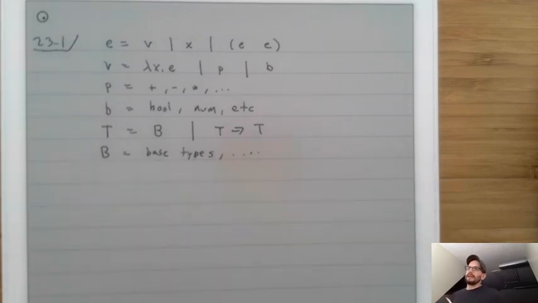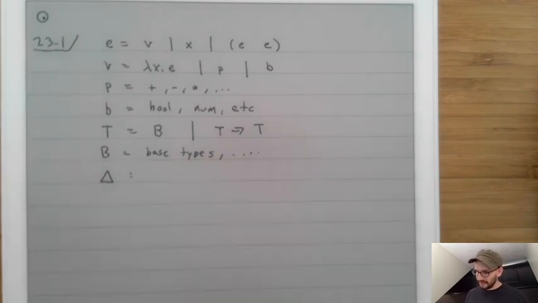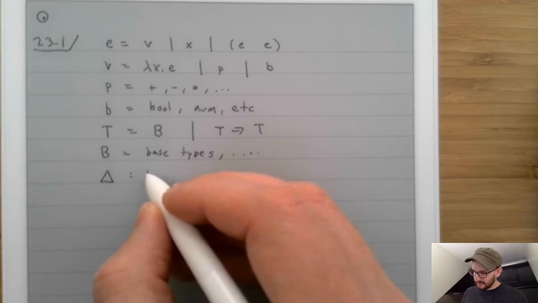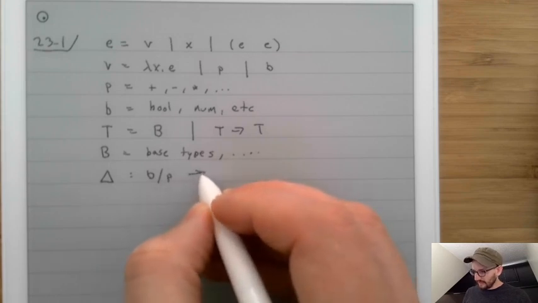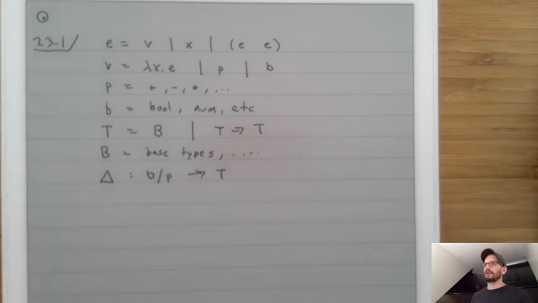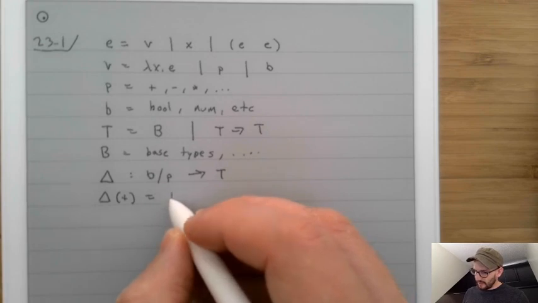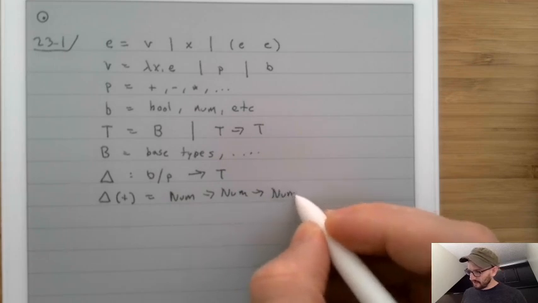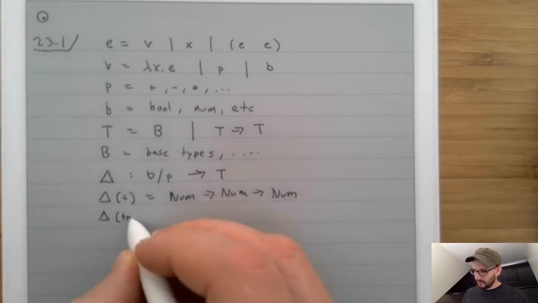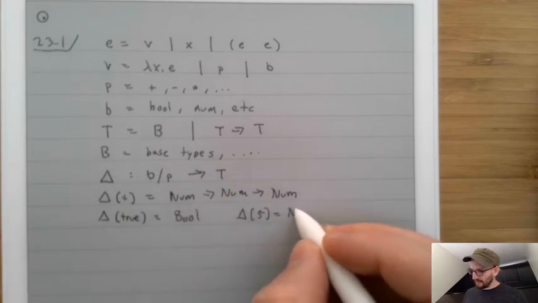Now what we're going to do is assume the existence of a function called big delta. What big delta does is it takes a constant or a primitive, and it returns a type for it. For example, a rule might be that plus turns to number, number, number, and another rule might be that true becomes bool, or that 5 becomes num.